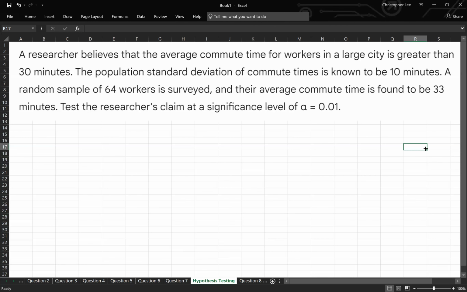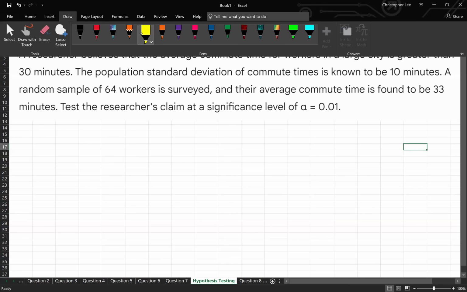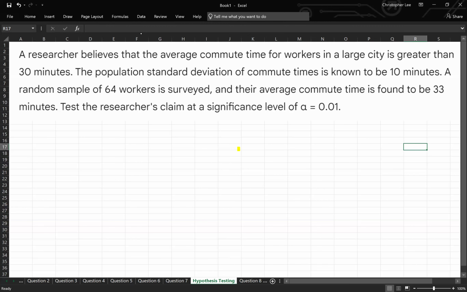5 steps, right? So a researcher believes that the average commute time for workers in a large city is greater than 30 minutes. The population standard deviation of the commute times is known to be 10 minutes.